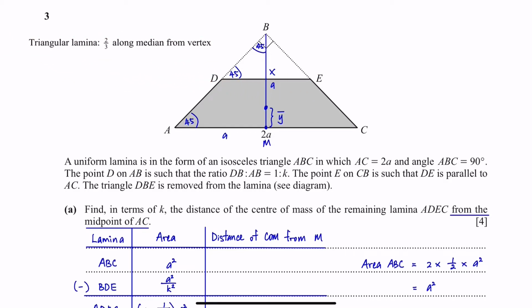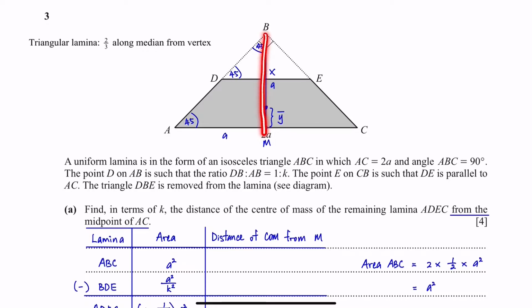Let's put it here. So for a triangular lamina, the distance of the COM would be 2/3 along the median from the vertex. So this would be the vertex, and the distance here would be 2 over 3 times the length here.